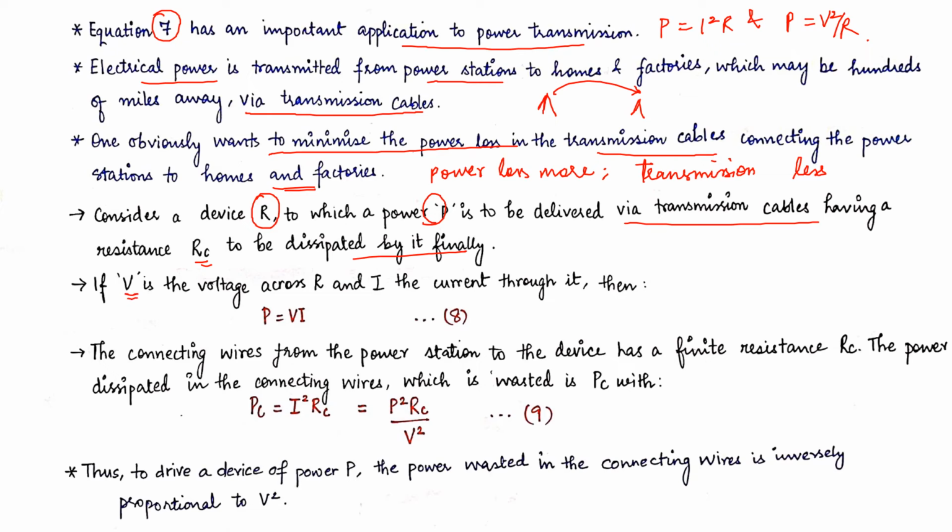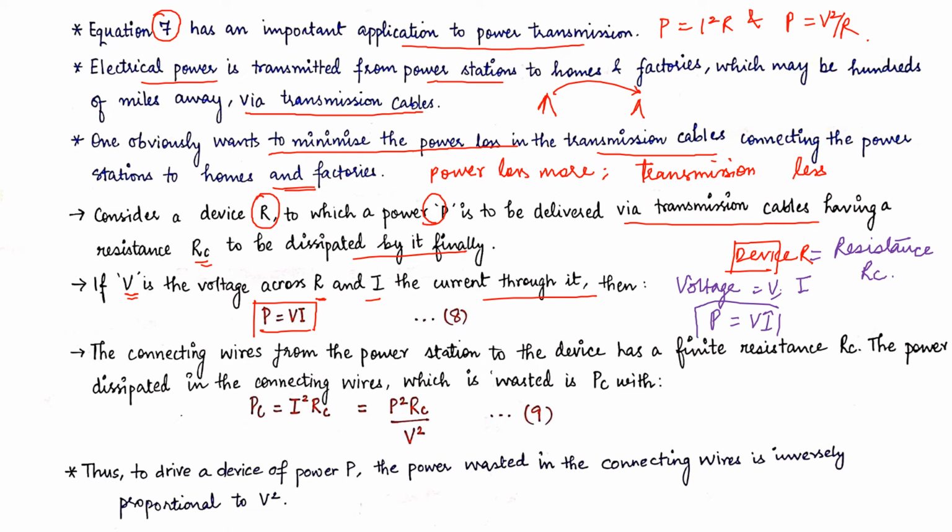The voltage across R is V and I is the current through it, then P equals VI. What we have here is our device R, and the cable has a resistance value of RC. Now the voltage across this device is V and the current in this device is I. So the power will be given by VI.